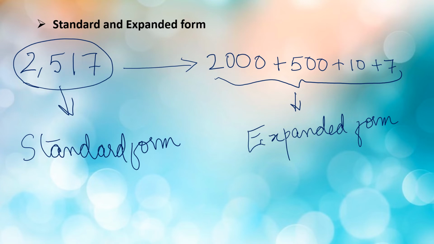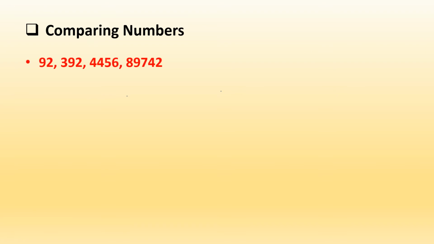Now, moving on to the next topic, comparing numbers. What do you mean by comparison of numbers? Let me take the first example given in your NCERT textbook, page number 2.